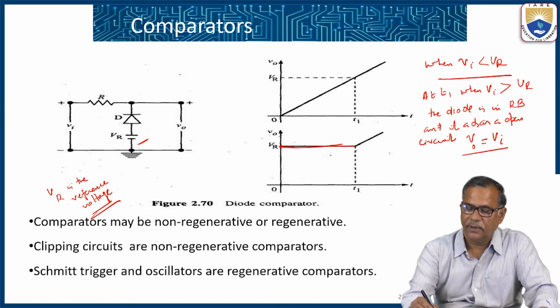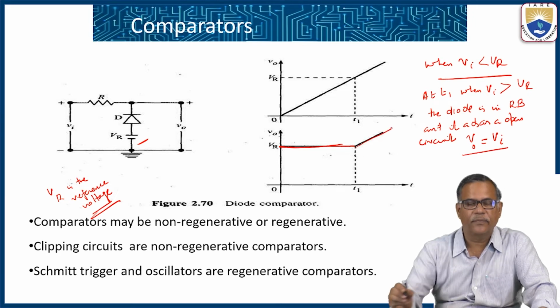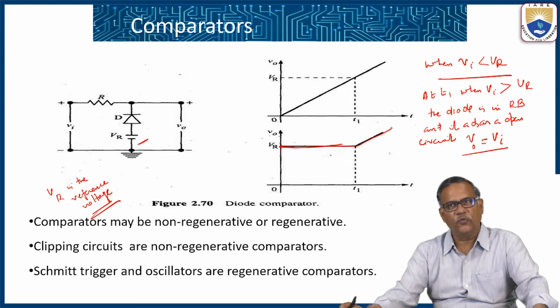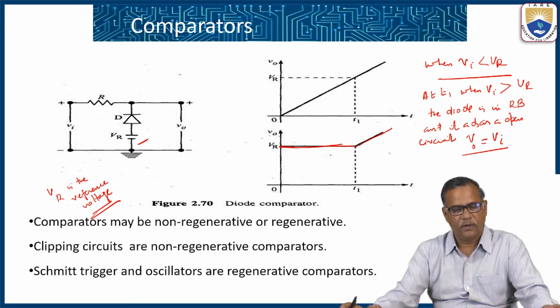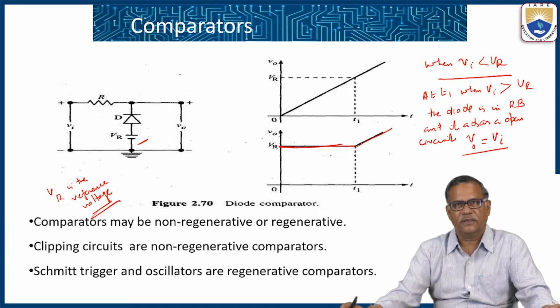So you see here at T1, we simply get the input voltage at the output. So this is how the comparator circuit works.